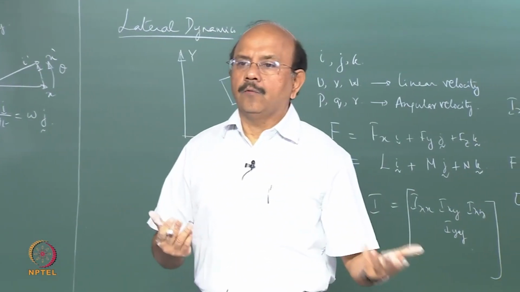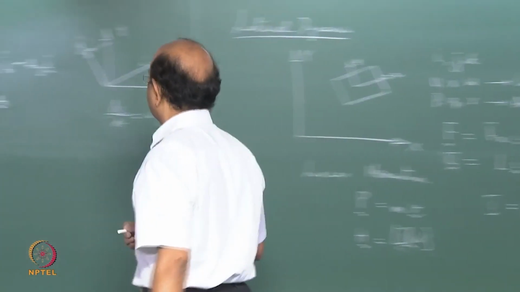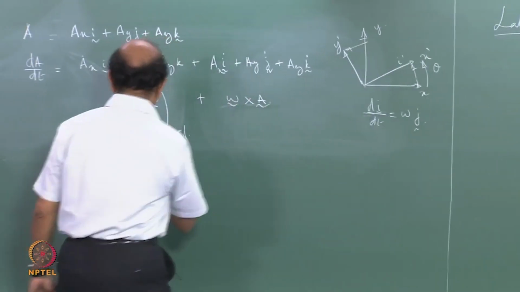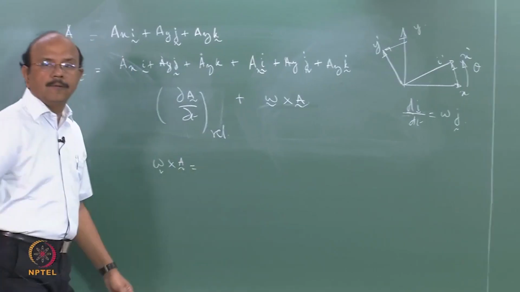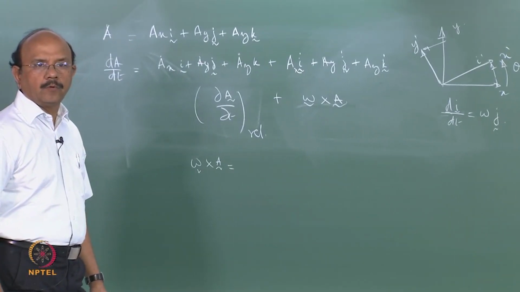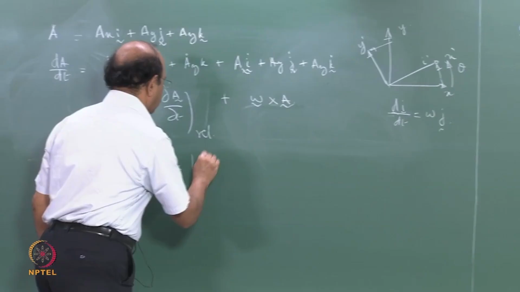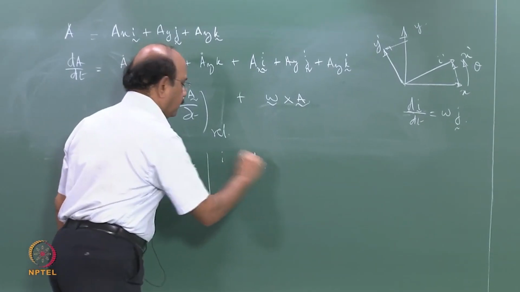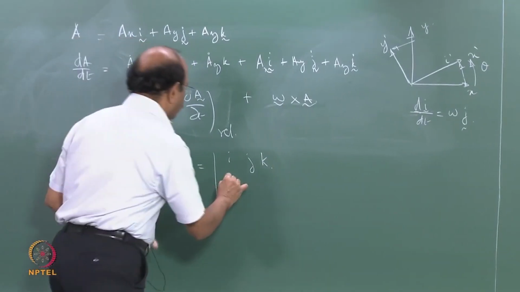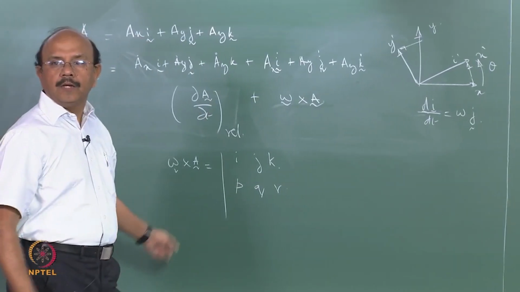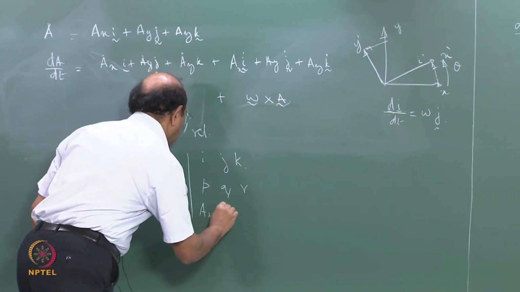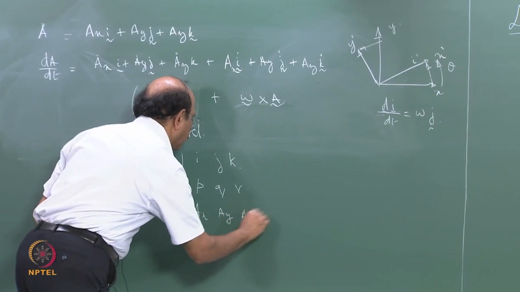Okay, what is omega cross A? All of you know this. How do I write that? i, j, k, what is omega? As I said before, P, Q, R, and A is Ax, Ay, Az.